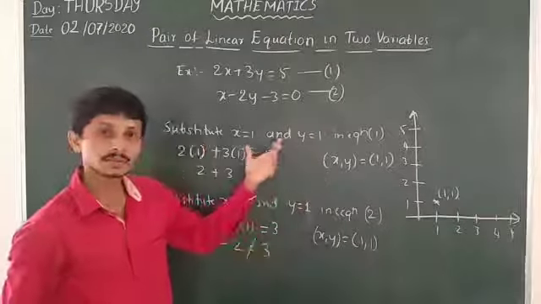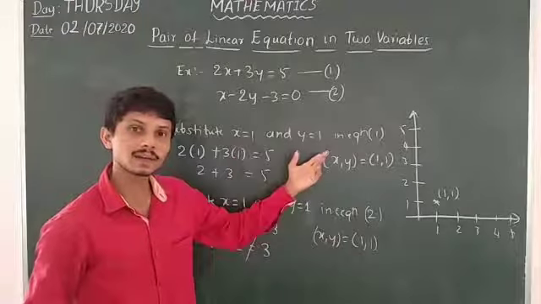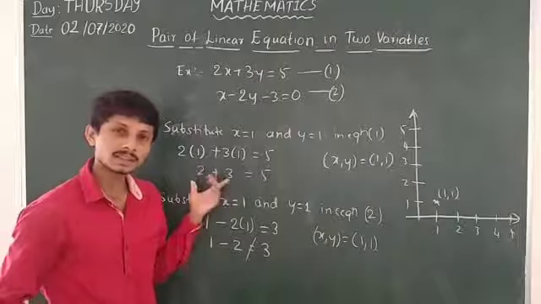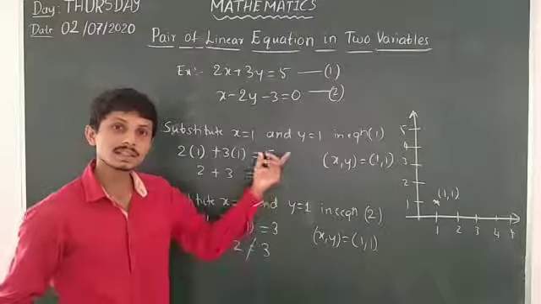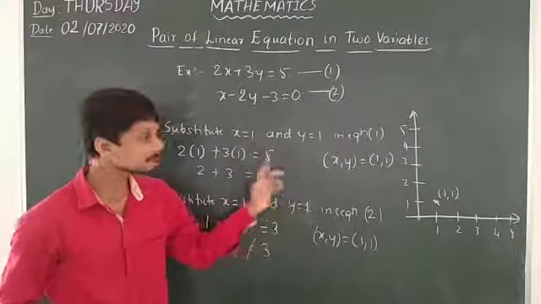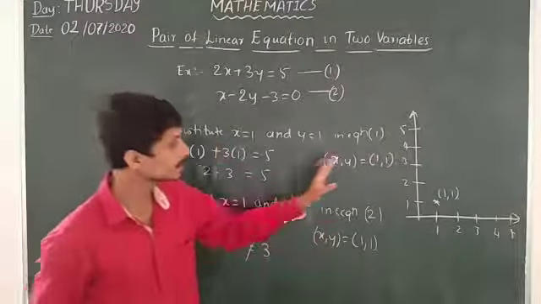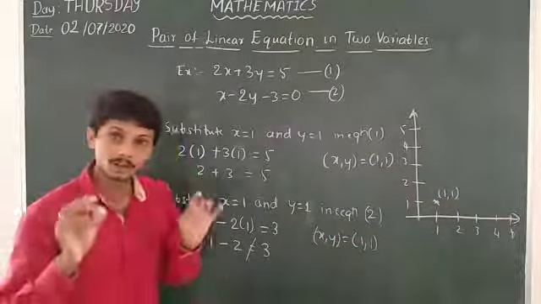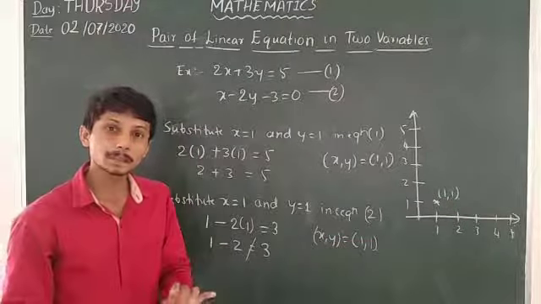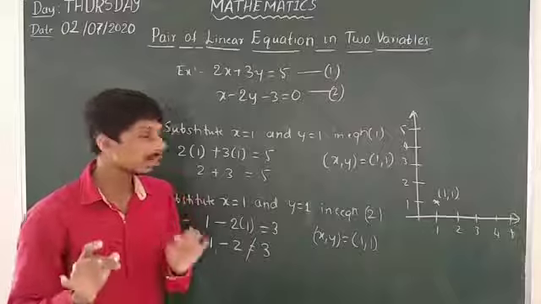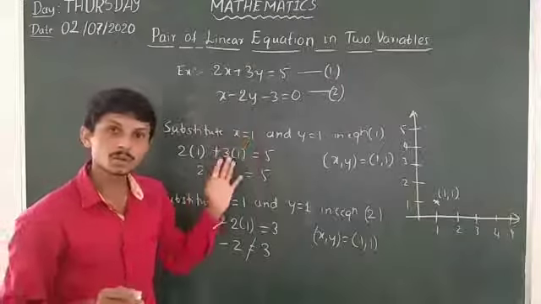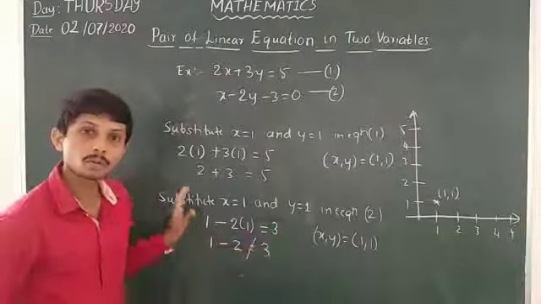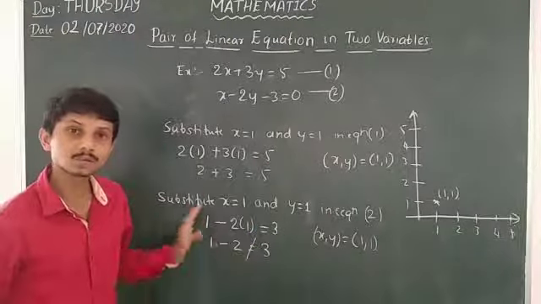In equation 1, if we substitute x is equal to 1 and y is equal to 1, LHS is equal to RHS, so 1 comma 1 is the solution of that equation, and we represent it on the coordinate system. If I substitute the same values of x and y in equation number 2, LHS is not equal to RHS. That means 1 comma 1 is not a solution of this equation.